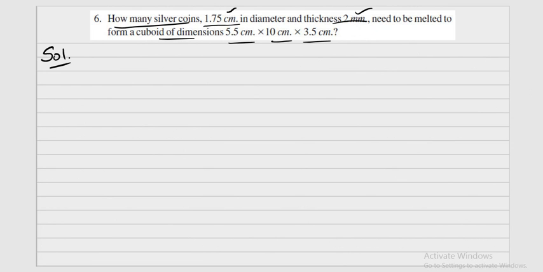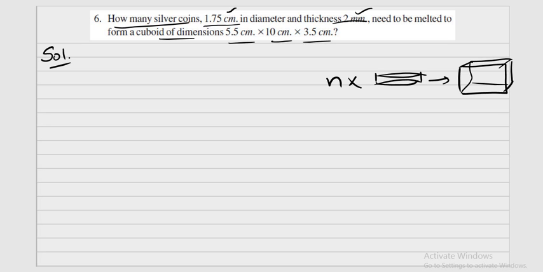So what will be the shape of a coin? A coin will be in the shape of a cylinder which has a small height. So these n coins are to be melted and we need to form a cuboid. This is the question, right?